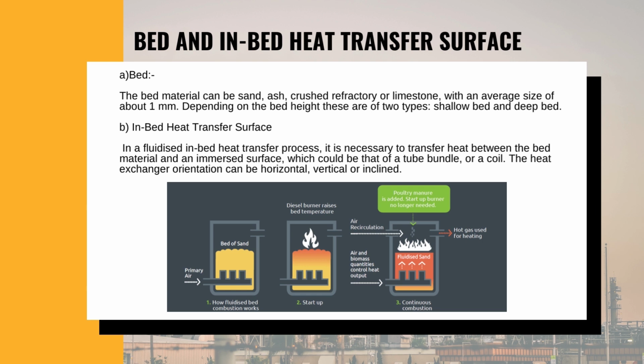From a pressure drop point of view, a horizontal bundle in a shallow bed is more attractive than a vertical bundle in a deep bed. Also, the heat transfer in the bed depends on a number of parameters like bed pressure, bed temperature, superficial gas velocity, particle size, heat exchanger design and gas distributor plate design.